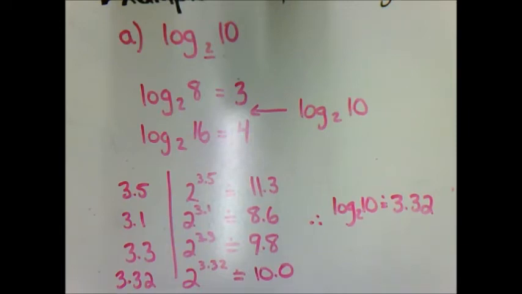Again, you would graph the function y equals 2 to the power of x. You would also graph the function y equals 10. And wherever the line and the curve intersect, it will give you the x value of 3.32. And so there's three ways there to find the approximate logarithm.